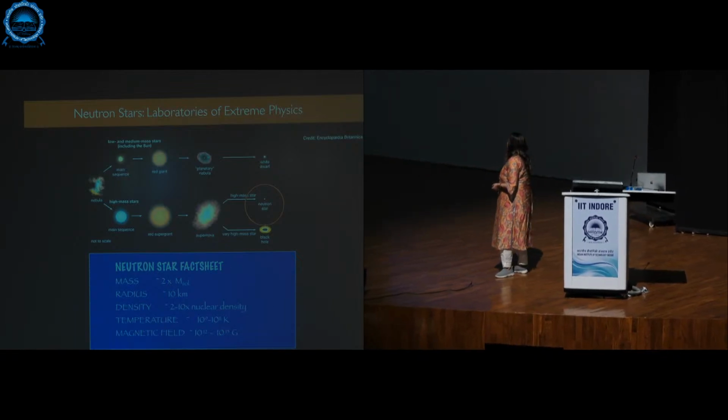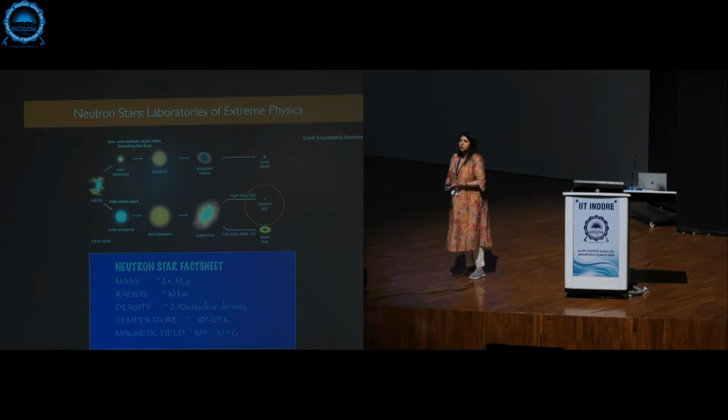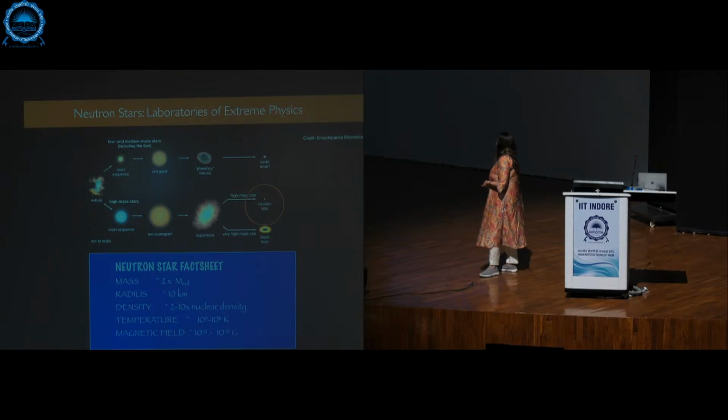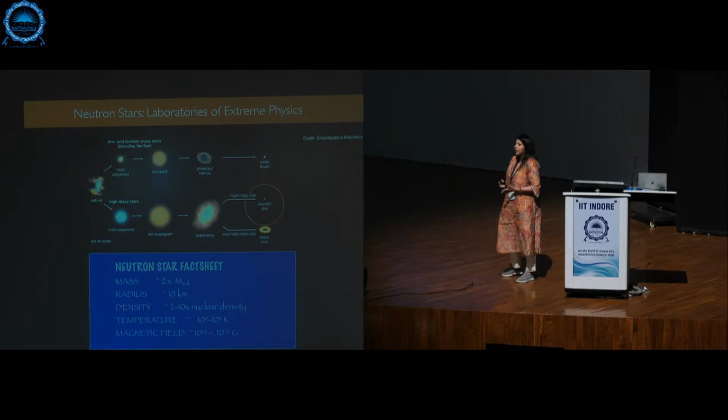These can exceed 2 to 10 times the densities we encounter in nuclei or nuclear experiments. Also these systems can have very low temperatures and ultra strong magnetic fields. So these systems motivate us to study extreme physics that we cannot do otherwise.